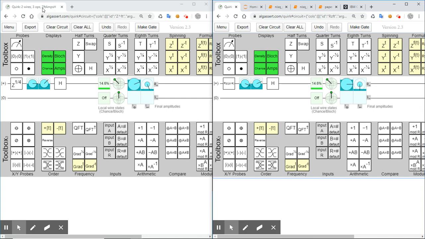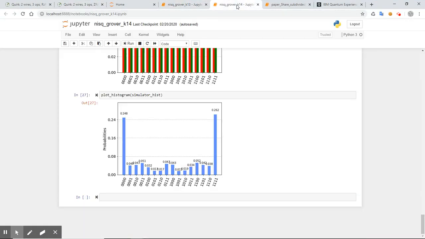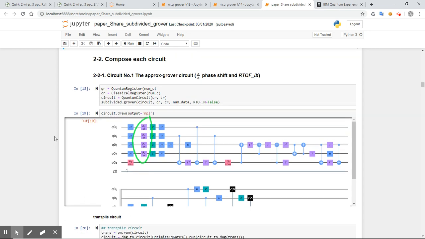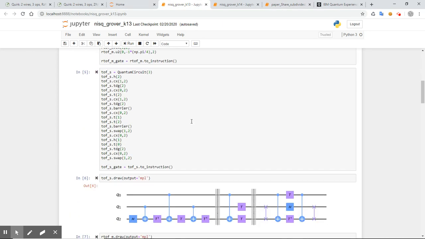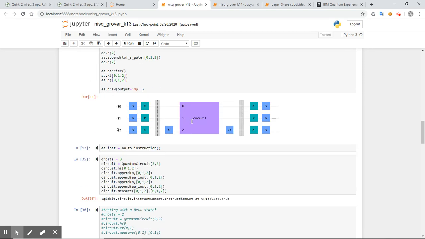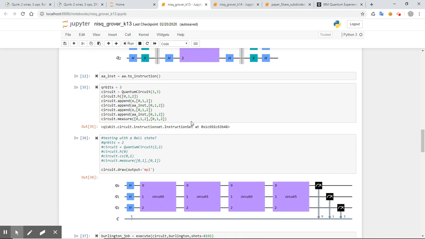But then, if I go back here, what do they do, right? So they do pi divided by 4 RZ rotations in here. And what do I do? Hadamards?